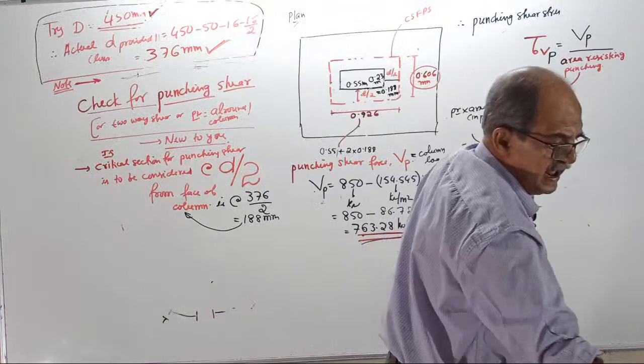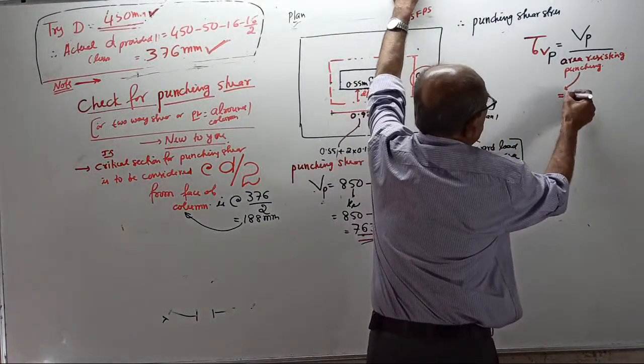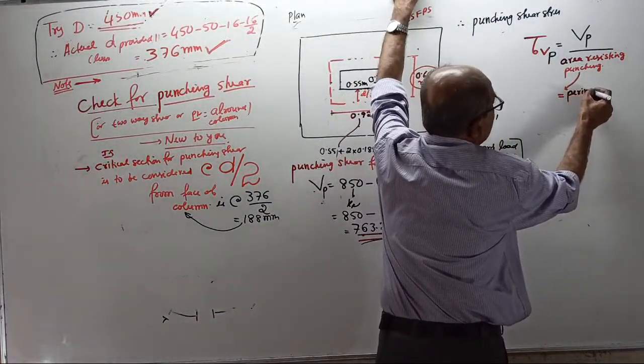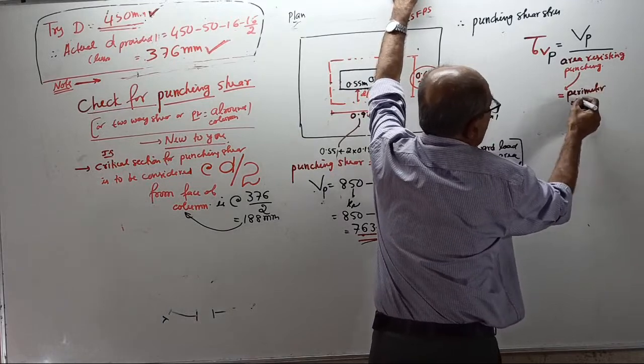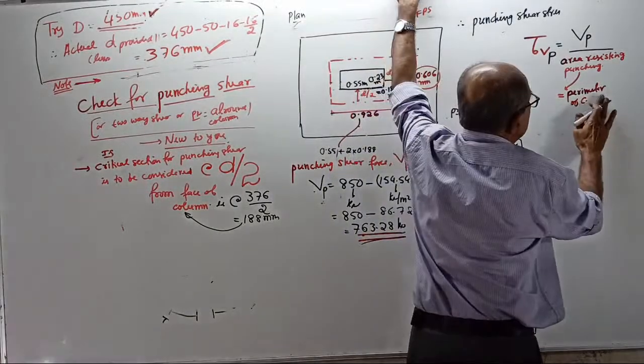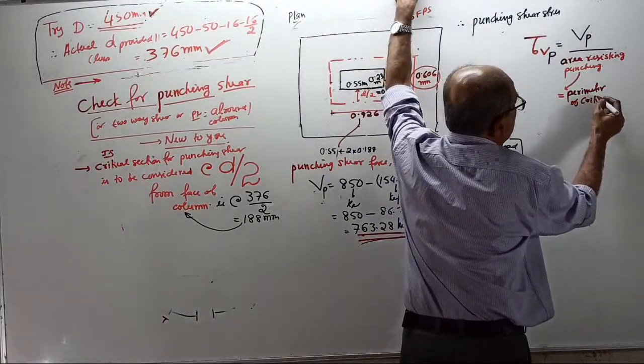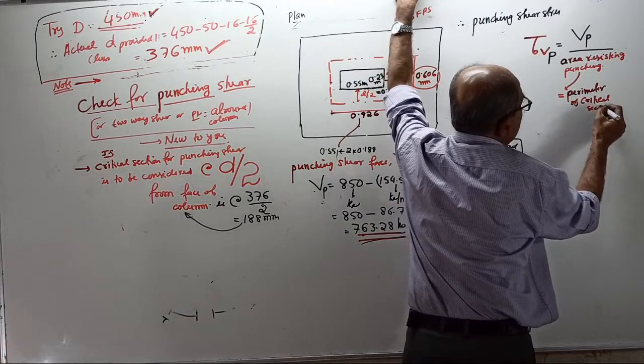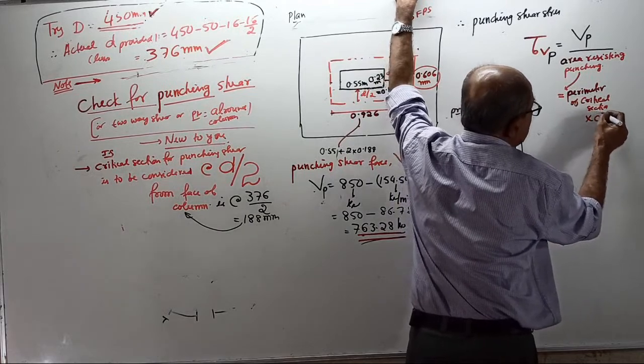So the area resisting punching is equal to the perimeter of the critical section, not cross section, critical section, into effective depth D.